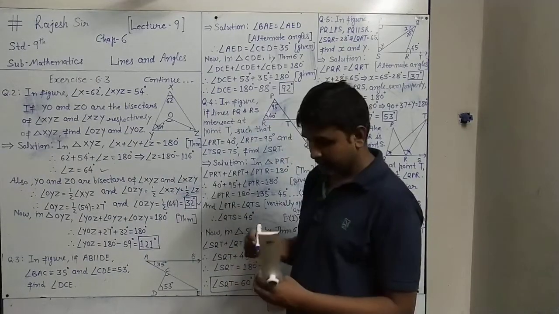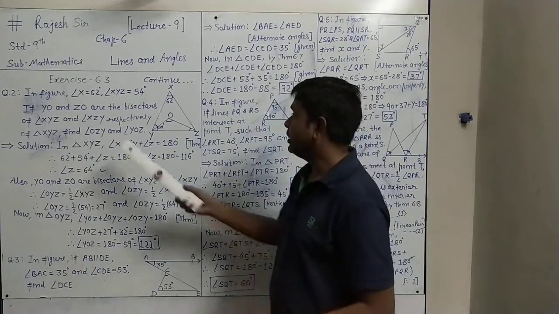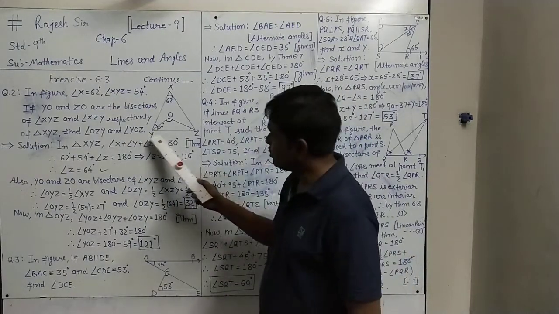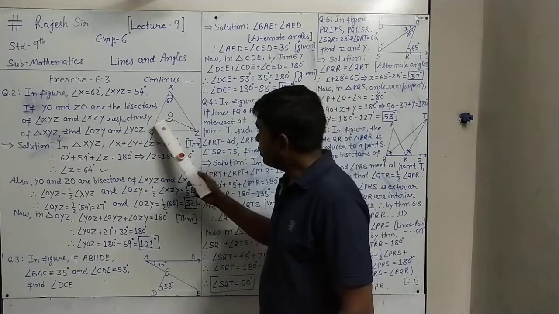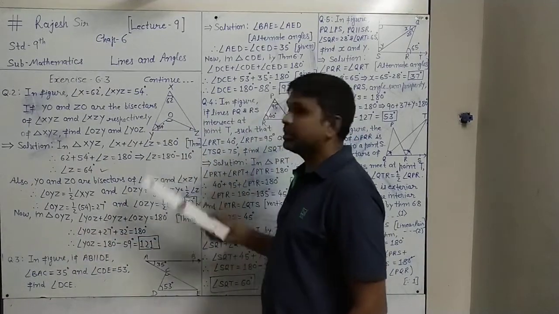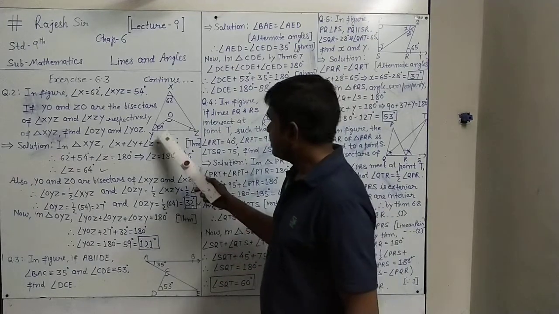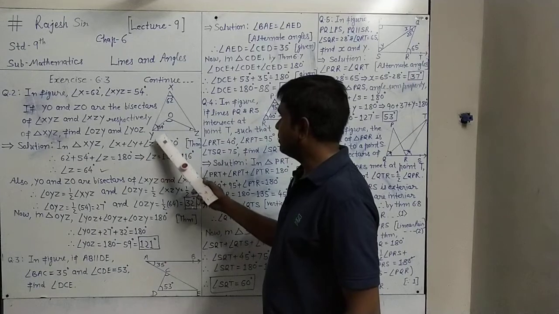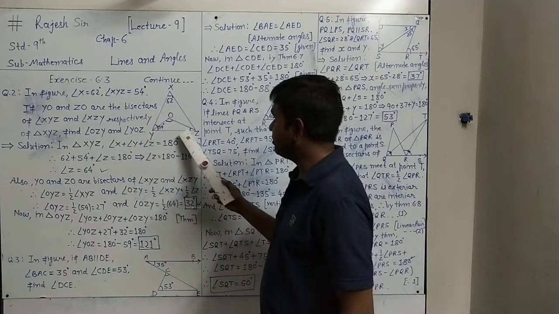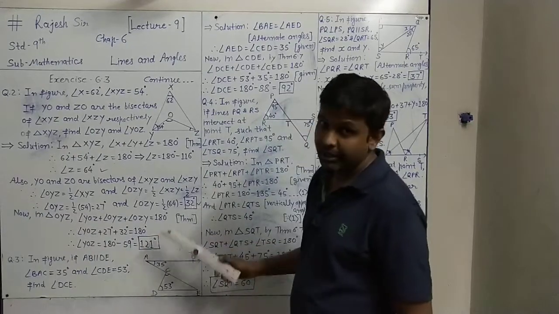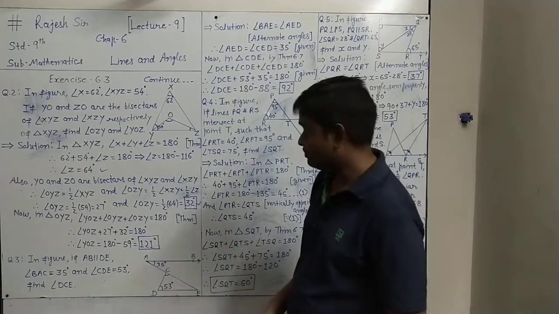Next, angle YOZ remains. For that we will take the small triangle OYZ. In triangle OYZ again we can use the angle sum property. Angle YOZ plus angle OYZ plus angle OZY, the sum of all three angles, is 180 by the angle sum property theorem.